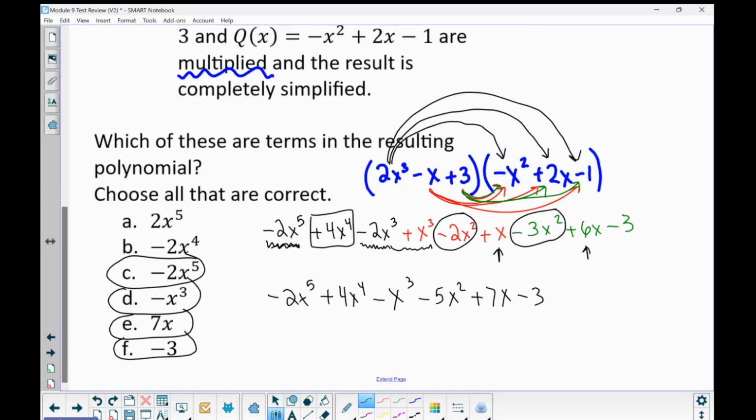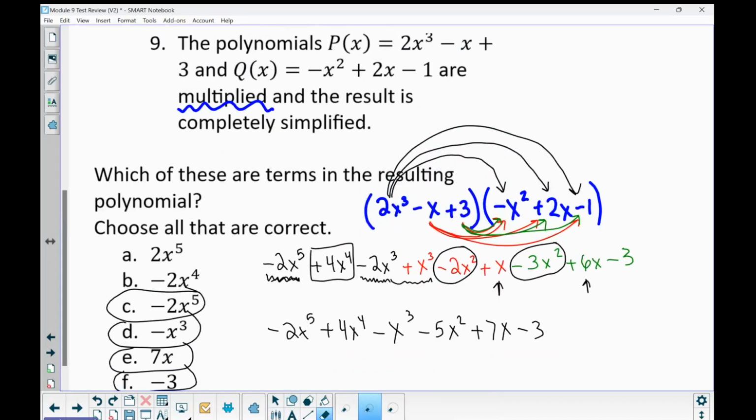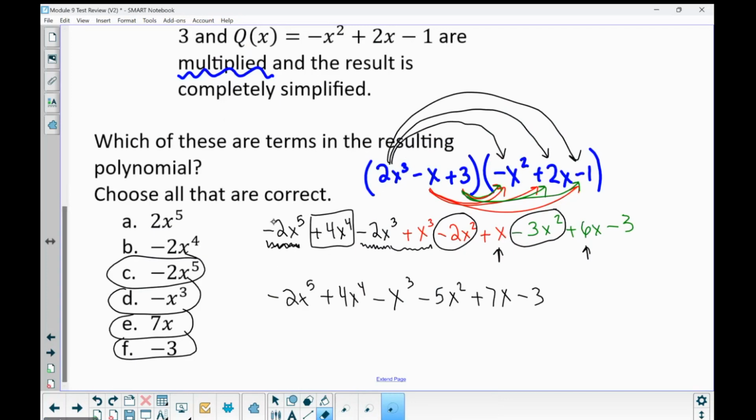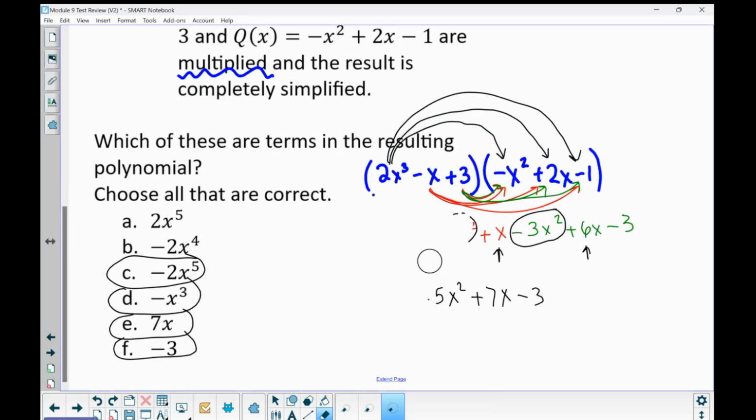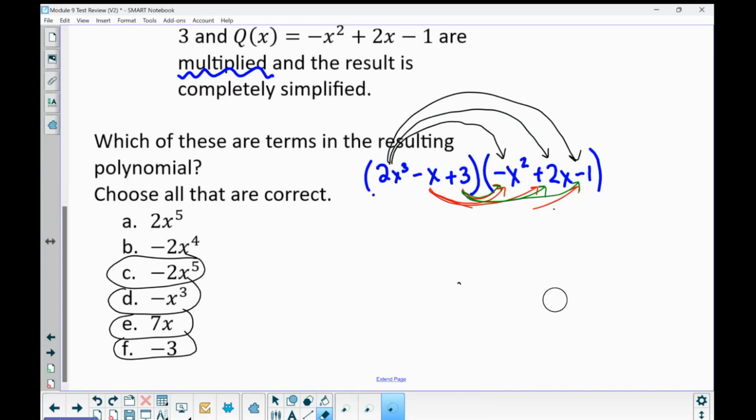Awesome. Now, you can also do this with the box method. We're going to erase all of this here, and we're going to follow the same process with our box method. Now I've got a trinomial times a trinomial. That means I need a 3 by 3 box.